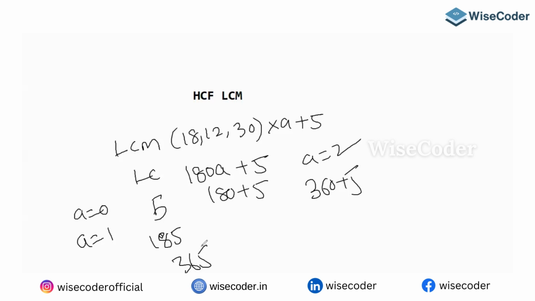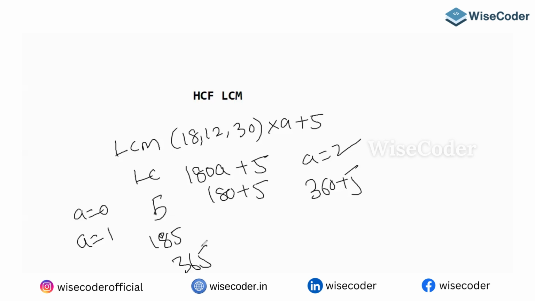So n minus 5 is a multiple of 12, 18 and 30. That means you need to find the LCM of 12, 18 and 30 plus 5.